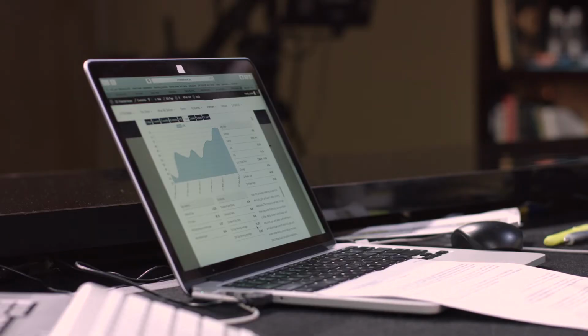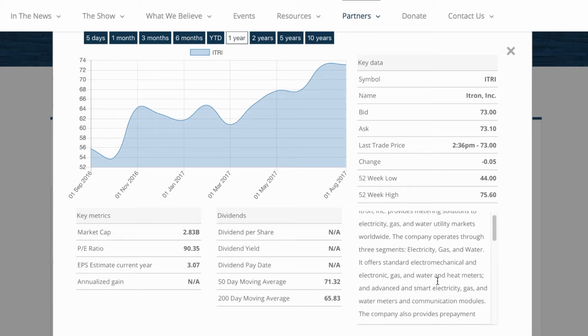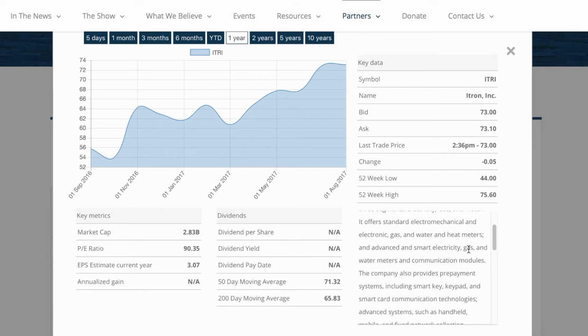This is a very important thing that we've just added, the 50-day moving average. So you can take a look at that and see where the stock has gone, what the stock price has been on average for 50 days. On average for 200 days, this would be it. And that helps you make some decisions. And this is what the company does, and it tells you the business that they're in.